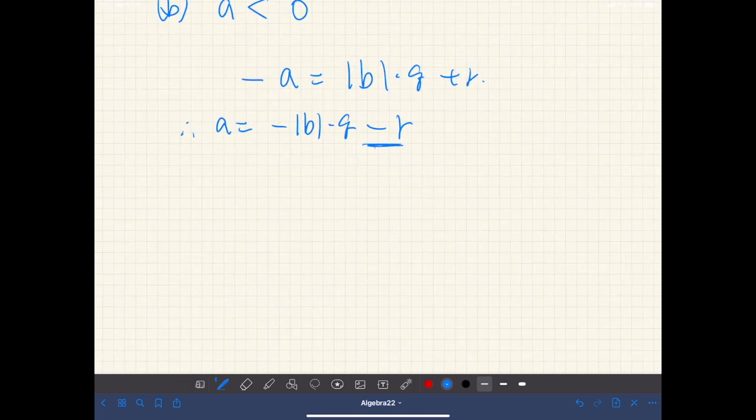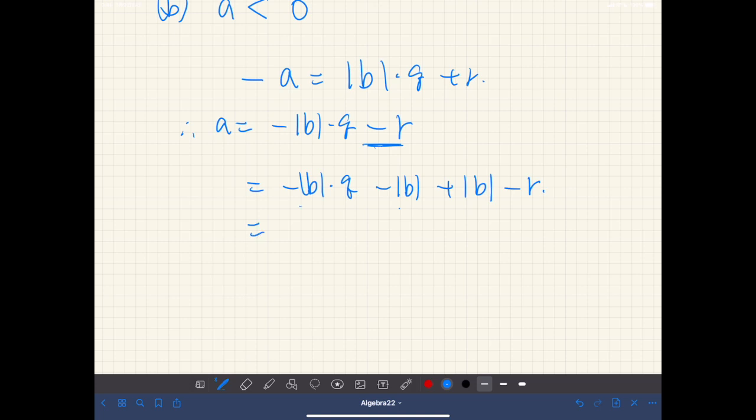And this can be done by adding and subtracting the modulus of b. So maybe we should subtract here, and subtract the modulus of b and add the same quantity.